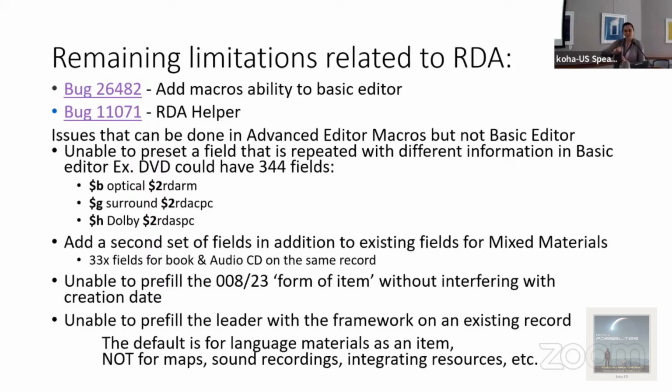If it's an existing record, even if you empty the leader and select the framework, it won't change it. So you have to manually do it. So that's a step where I'm like, if you could just have one stop for all of our basic people.